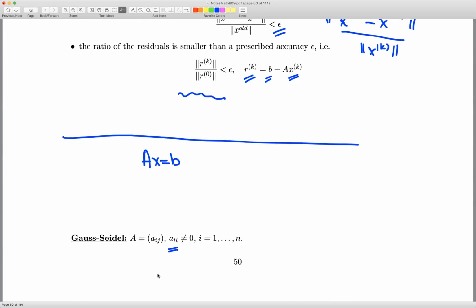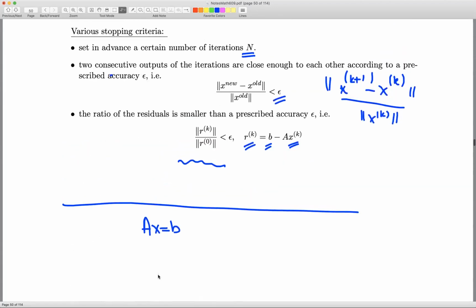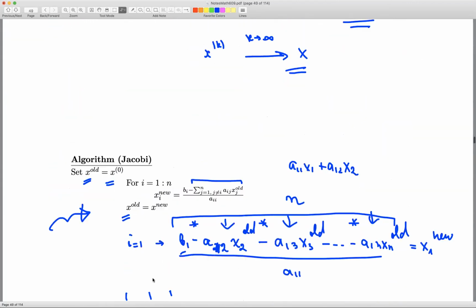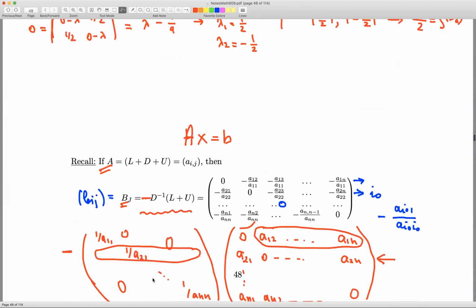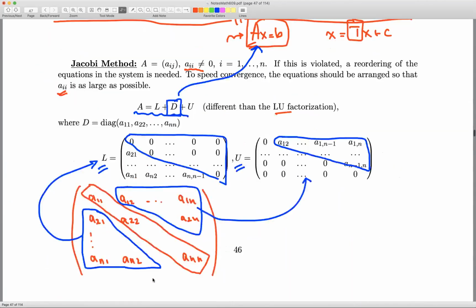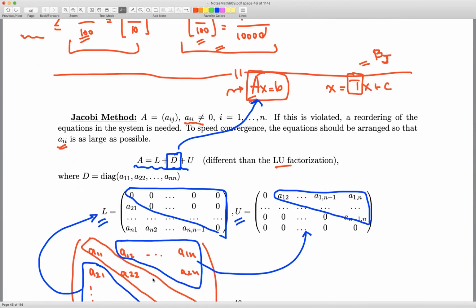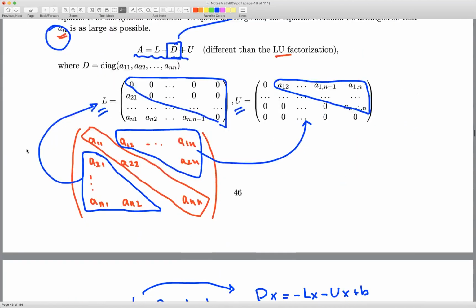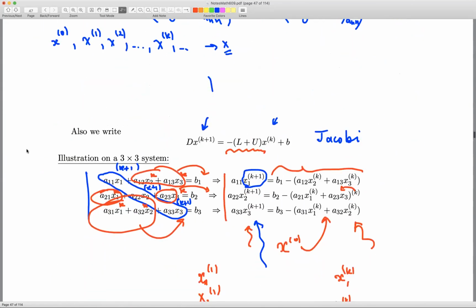And even if they are not 0, as I mentioned before, in order to speed up the computation, we would like to order them in such a way that, this was the same observation that we made for the Jacobi method, a_ii is as large as possible.